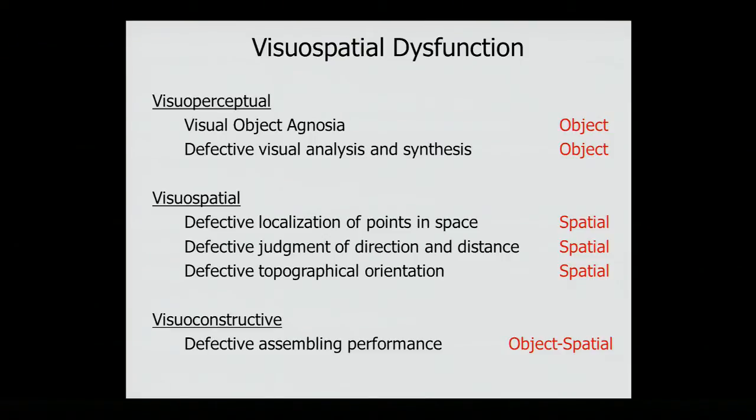In terms of spatial deficits, you can have difficulty localizing points in space, judging direction and distance, or topographical orientation. And some aspects of cognition actually involve both, things like visuoconstructive, defective assembling performance. That can be either in three-dimensional space or even in two-dimensional if you're drawing complex objects, for example.